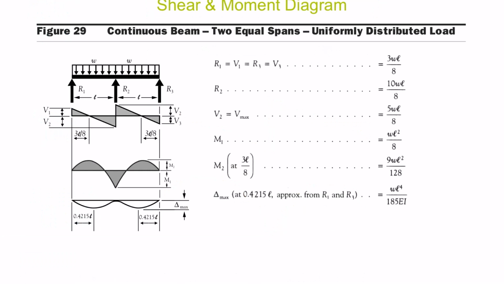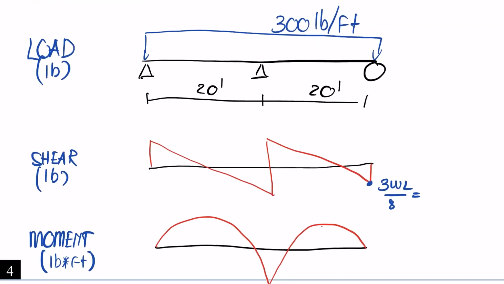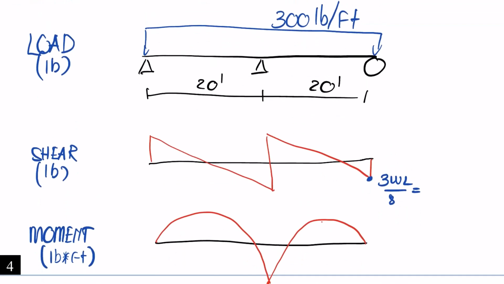We have the value of this one over here is V1. V1 will equal 3WL divided by 8. And V3 also equals V1, so this one and this one are just the same thing. Let's calculate that. So we have 3WL divided by 8, and I know that W is 300.